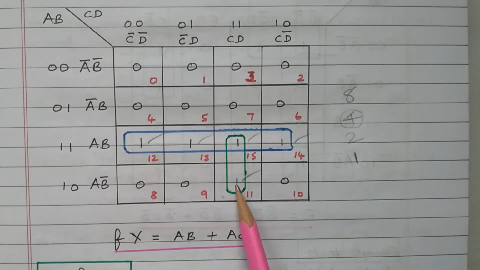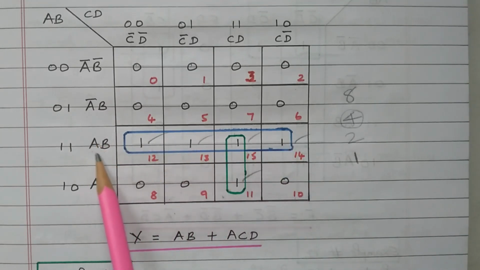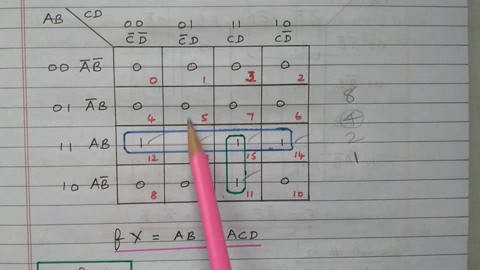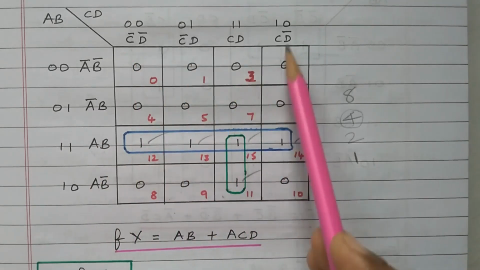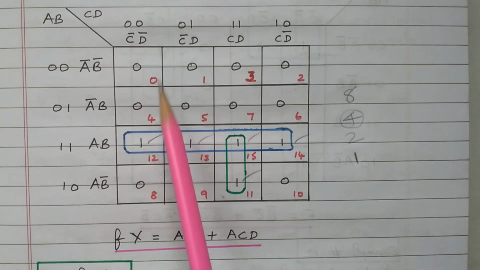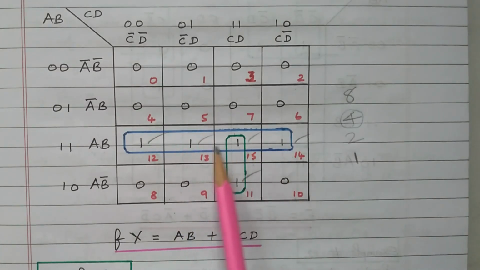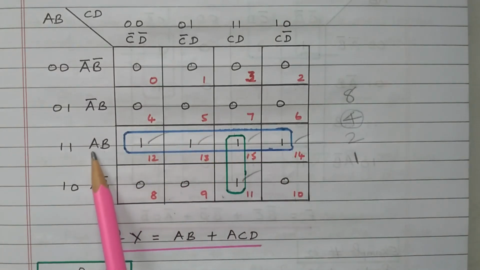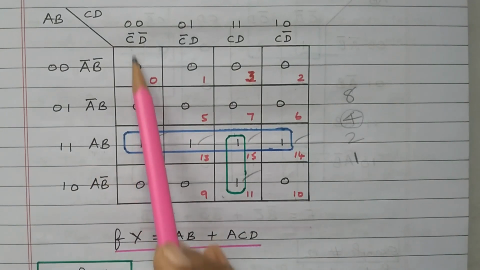Now we'll see the expression. What is the expression for this? These 4 ones are grouped together, right? While grouping these 4 ones, we have to refer to the corresponding row side and column side. The corresponding row is AB, right? So what about the column?